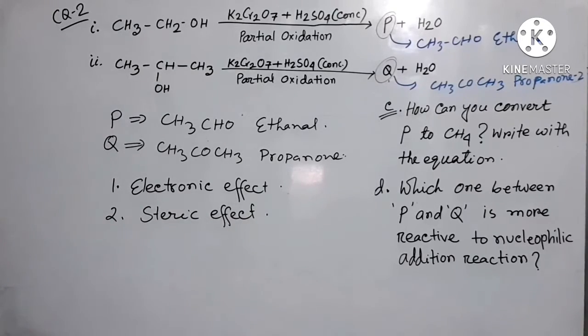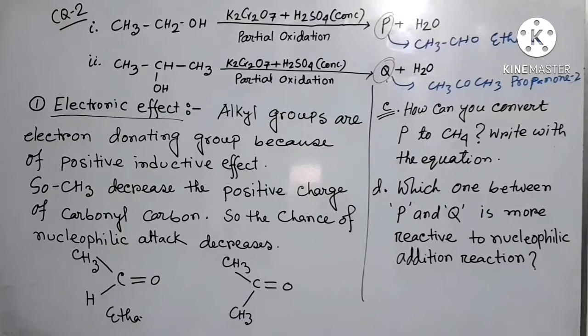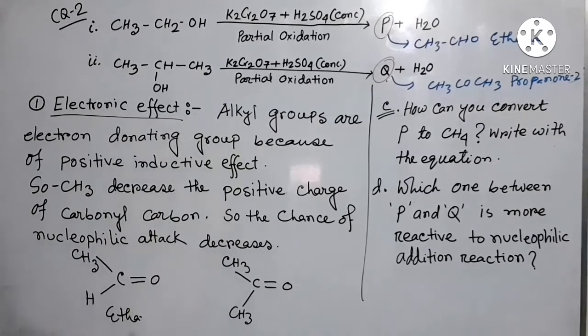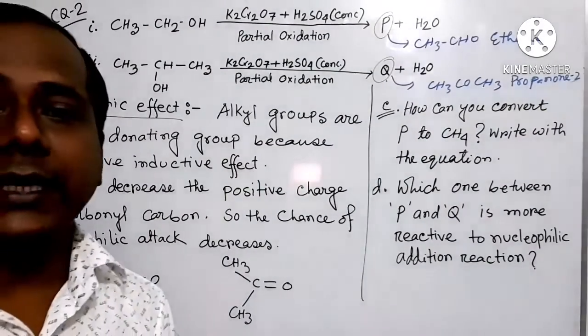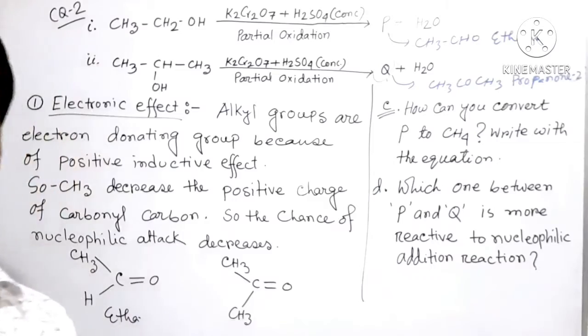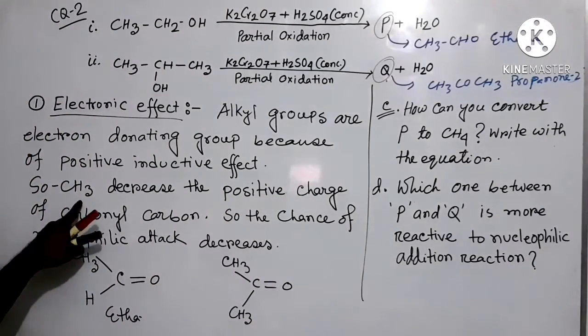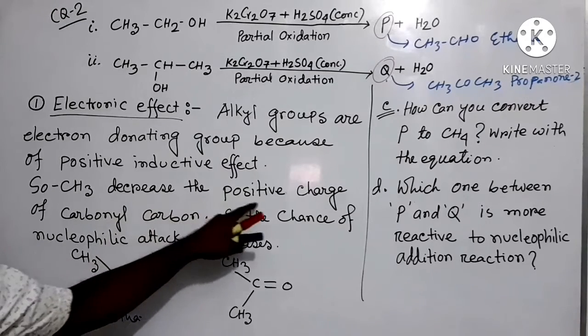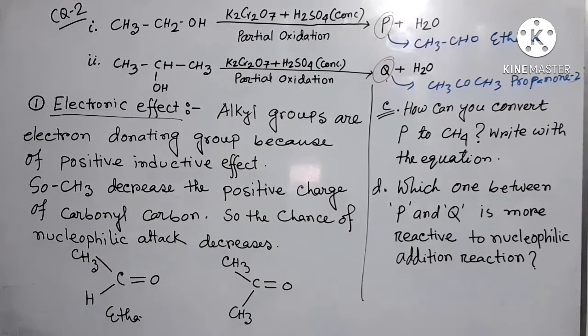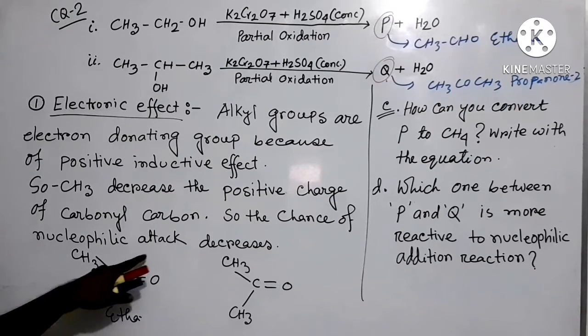Here, first is the electronic effect. We know that alkyl groups are electron donating groups because of positive inductive effect. So an alkyl group, that means a methyl group, decreases the positive charge of the carbonyl carbon, and that's why the chance of nucleophilic attack decreases.